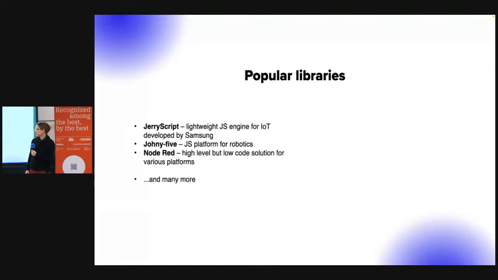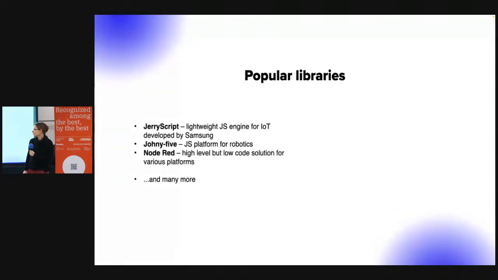There's a nice engine developed by Samsung, which is, well, this Samsung. It's named JerryScript. There's a cool platform for robotics named Johnny-Five. Actually, I wanted to present you some usage of Johnny-Five on Raspberry Pi today, but we don't have 3 hours, as I said. If anyone is interested, you may try to catch me offline because I have my board with me today.